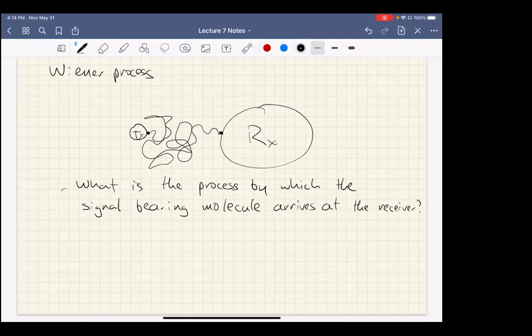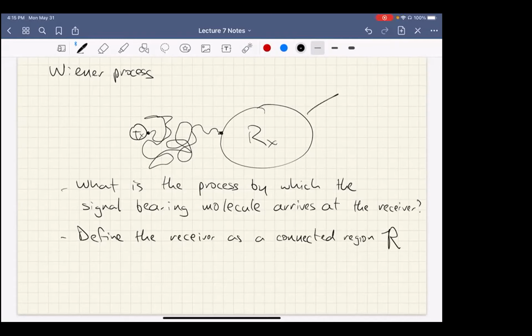Let's define the receiver as a connected region. I'm going to call it script R, like so.